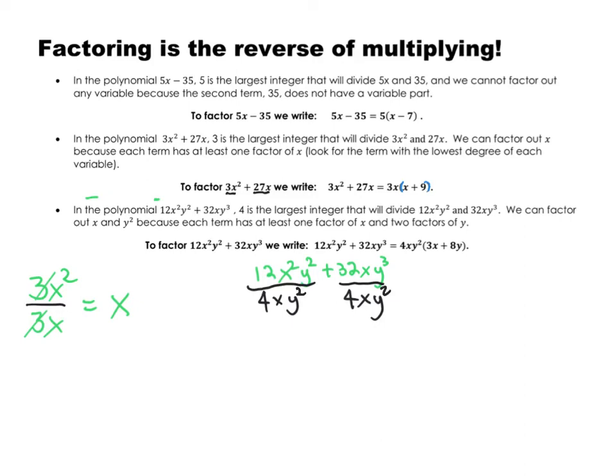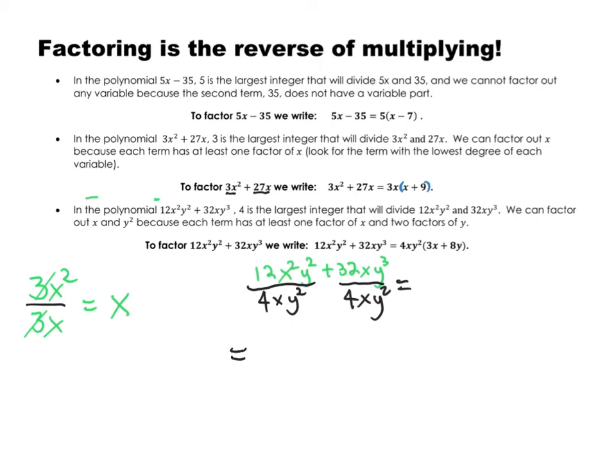All right. And let's see what happens here. Let's go ahead and simplify. So we have 12 divided by 4. That's going to give me the 3. And then the 32 divided by 4, that's going to give me the 8. All right, so let me write that down. I'll write it right underneath so we can see it.